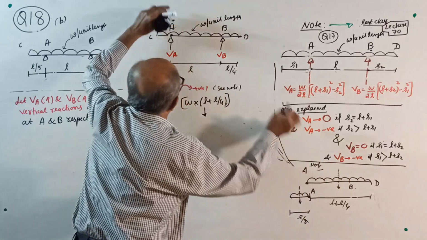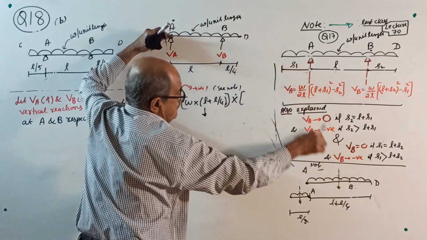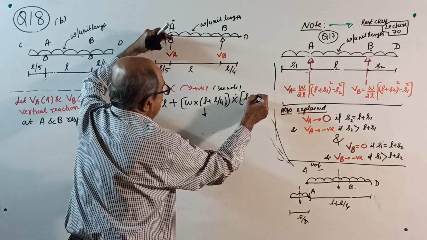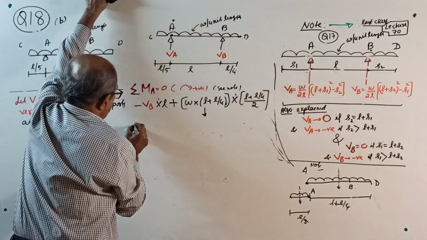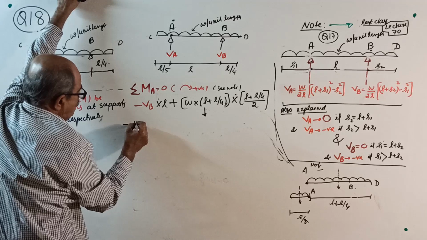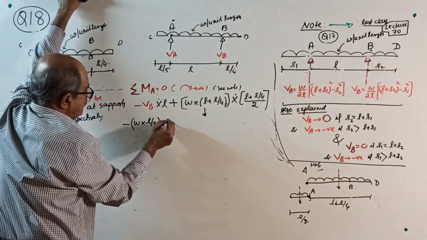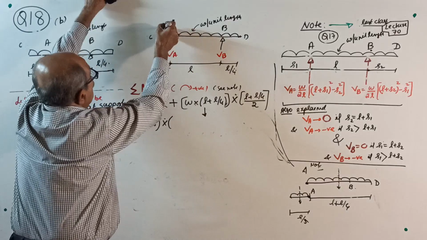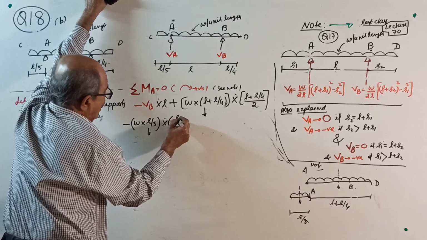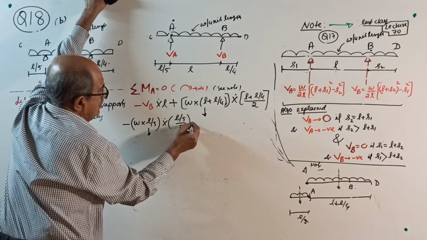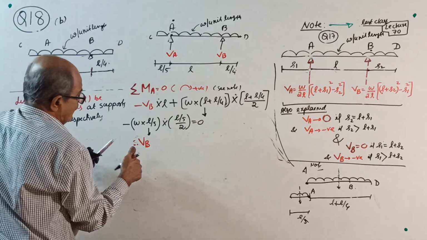The total load moment is multiplied by the loaded length divided by 2, which is L plus L by 4, whatever is there, divided by 2, clockwise, minus W into L by 5, the total load, multiplied by half of L by 5, or L by 5 by 2, equal to 0. Therefore, you get the value of VB.